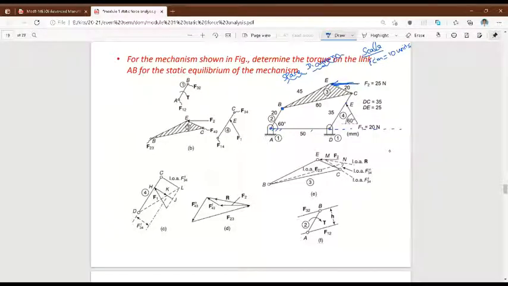D is 25 mm, that means from D 2.5 centimeter is point E. Now extend the fixed link line like this.